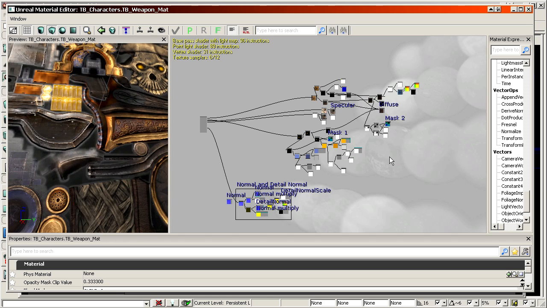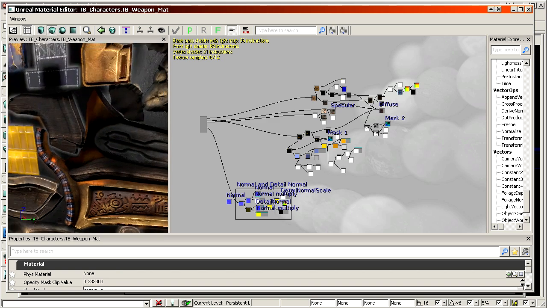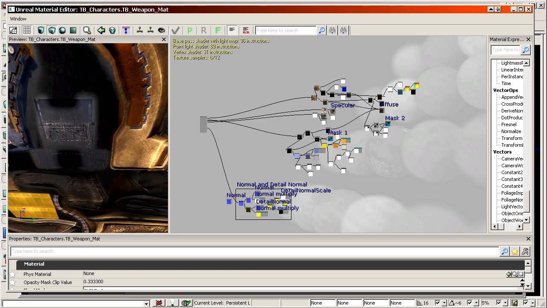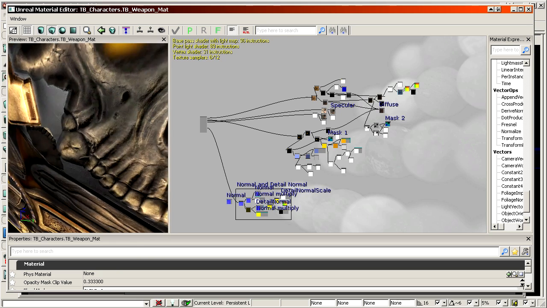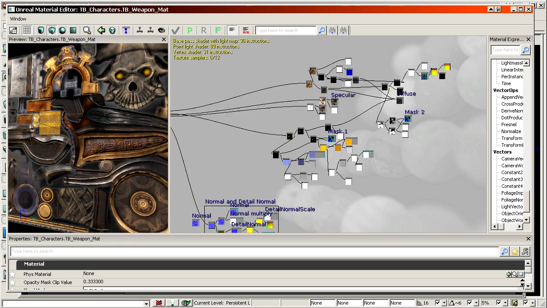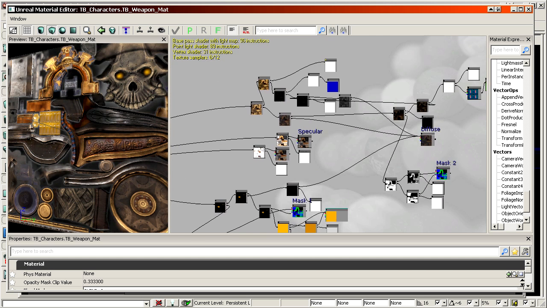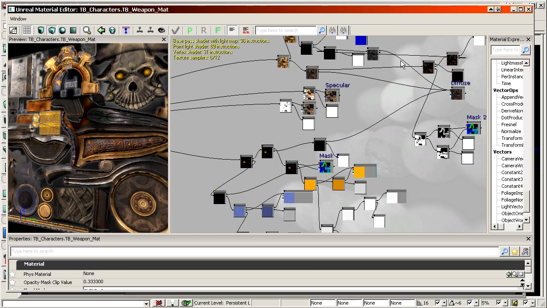But other than that, the rest of the setup is purely for making the gold feel like gold and the metal like metal and different from the bone structure, etc. So the gold has a reflection added to it, whereas the bones do not, etc. All of that is happening over here. All of these materials are quite efficiently set up. They're disorganized, but memory-wise they're quite efficient.